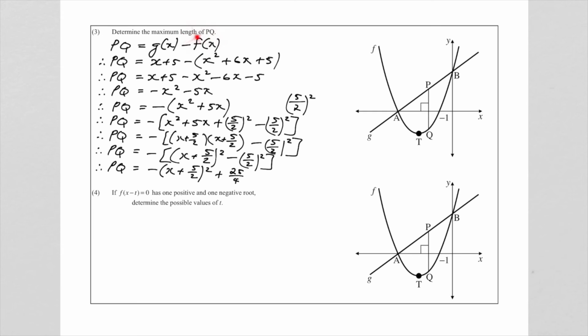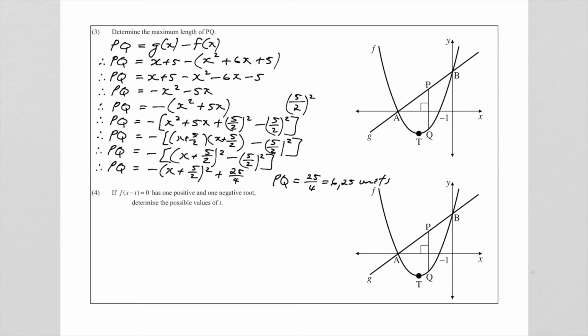They ask us for this maximum length, and now we can just say that the maximum length of PQ will be equal to 25 over 4, and we can also write it as a decimal if you wish, and that is 6,25 units. And that, very important, and I'm sure it makes sense.